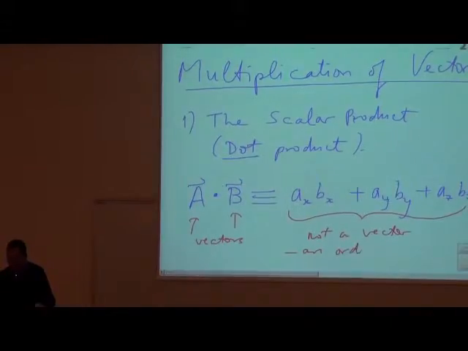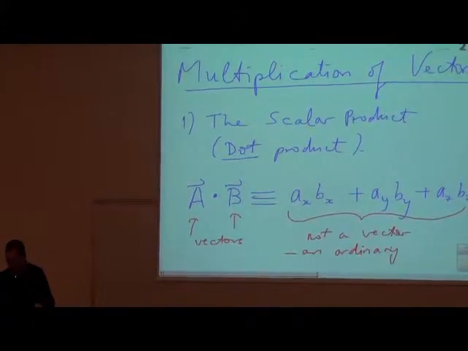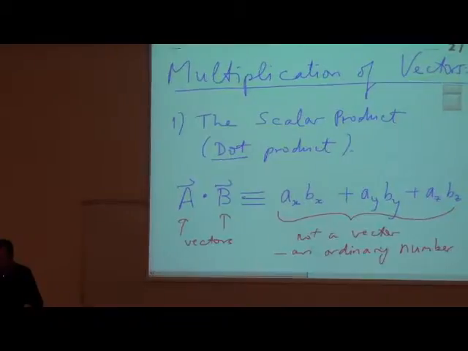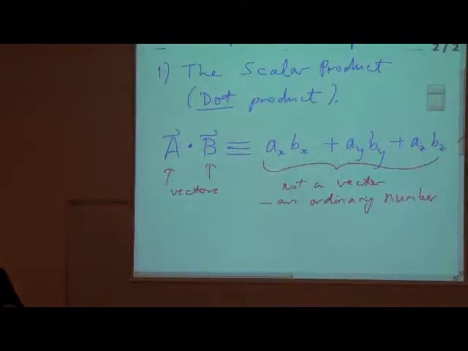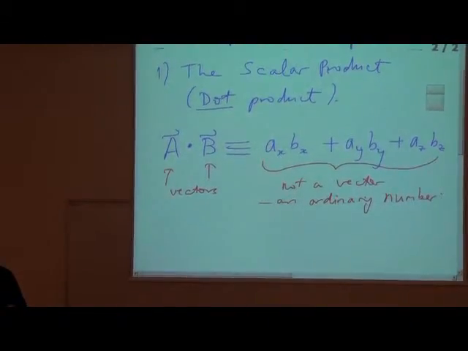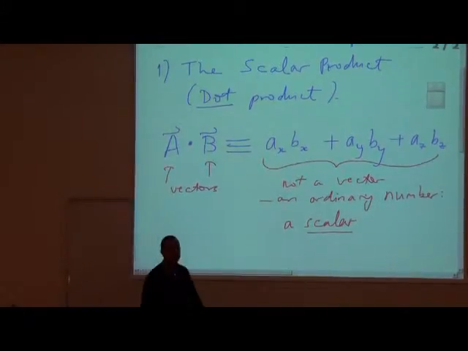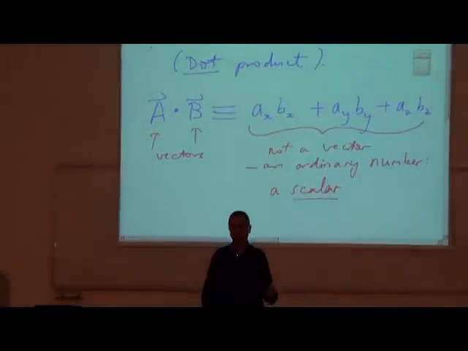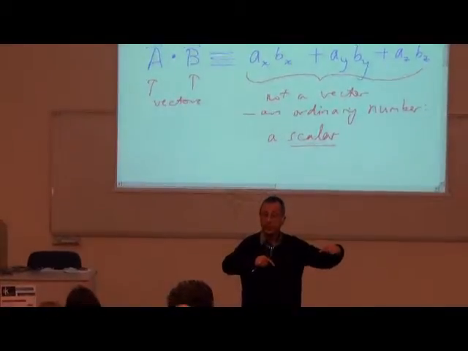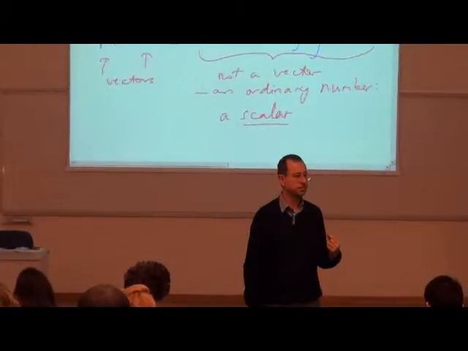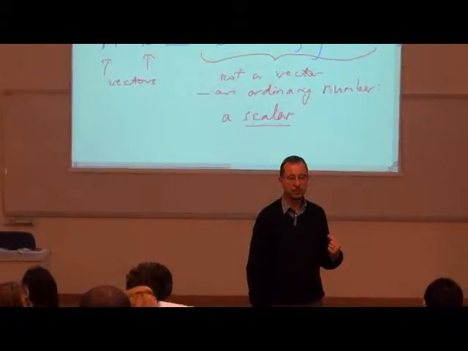An ordinary number, and the term for an ordinary number is a scalar. That is why we call this operation scalar product. It's a product of vectors whose result is a scalar. The result is not a vector. Is this clear? Okay?